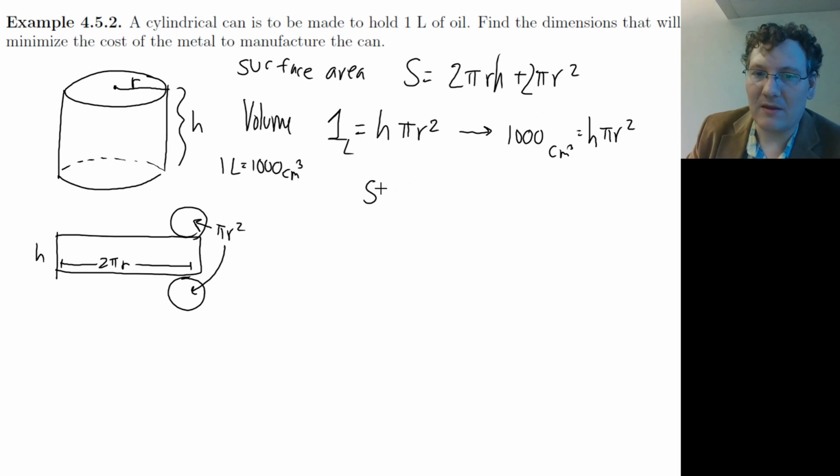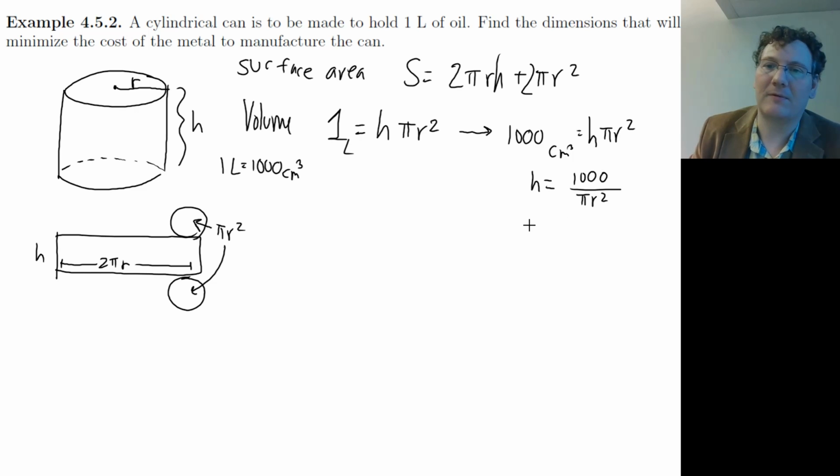So for the surface, I'm going to make a substitution. Let's clean this up. I'm going to eliminate h. The height is going to be 1,000 over pi r squared. So by plugging that in, the surface area is now just a function of r.